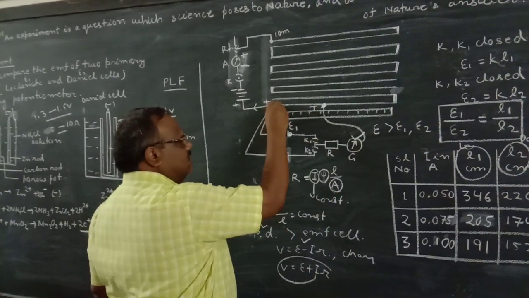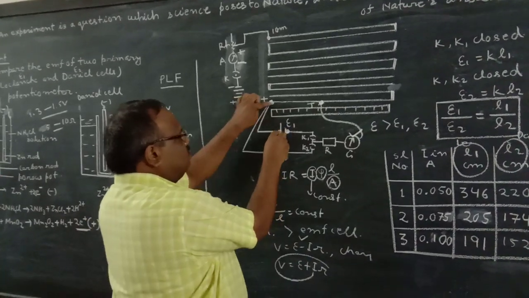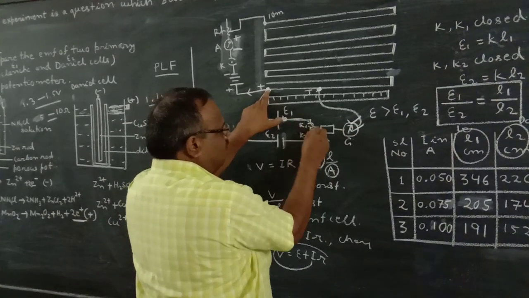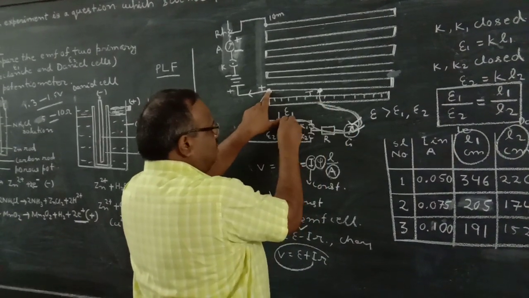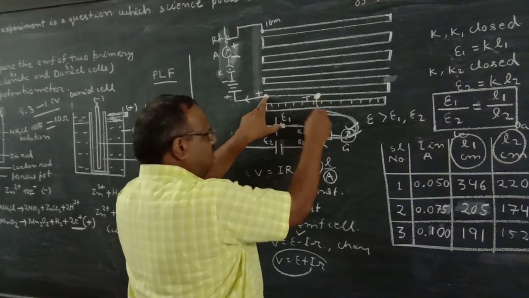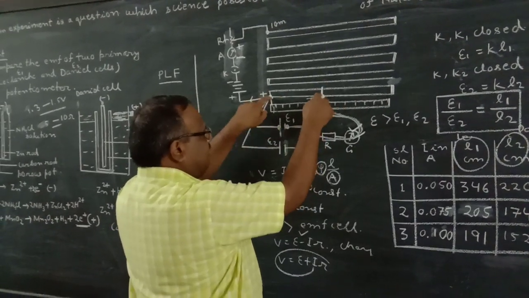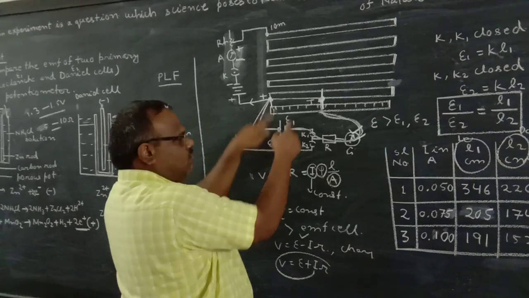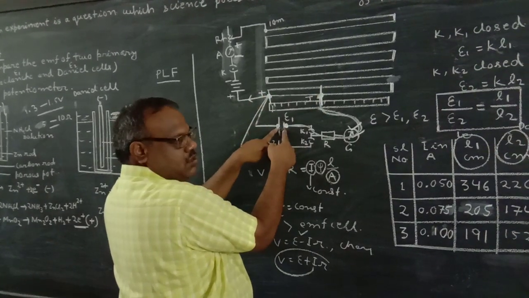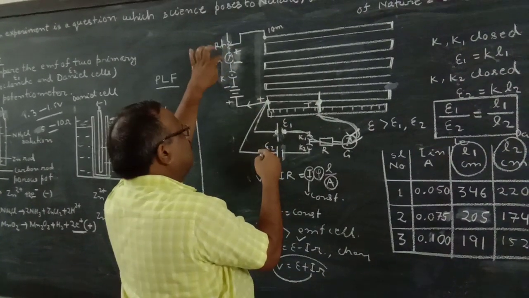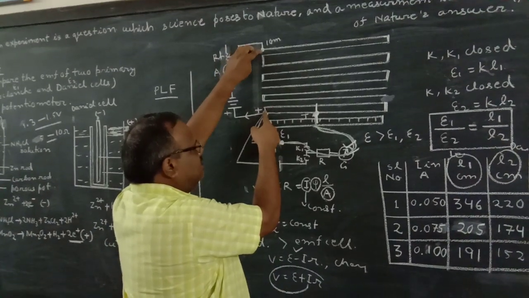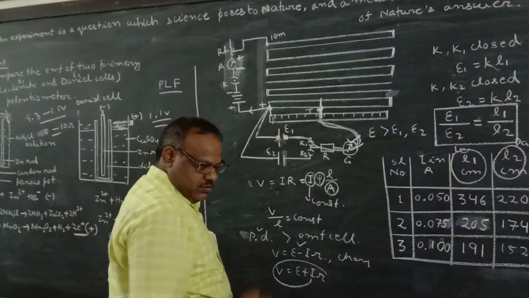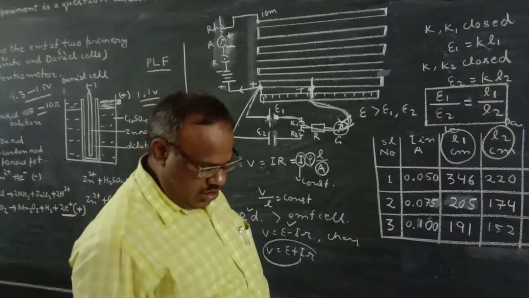Because this is the same as the potential of this; these two have the same potential. If it is giving zero deflection, it means there is no current flow here, so the potential difference generated here is equal to the EMF of this cell. If the EMF here is less than this, you cannot get any null point.